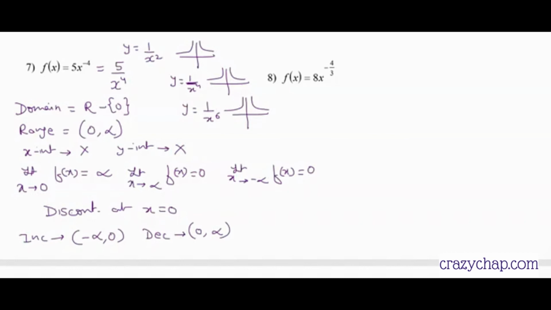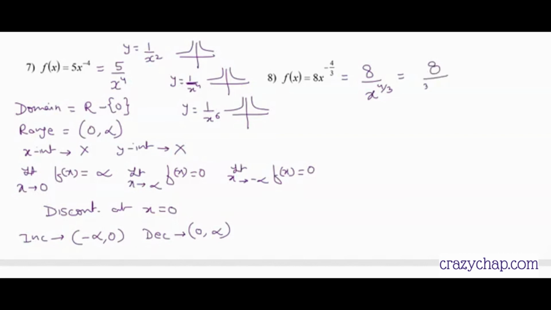First of all, we'll rewrite this function like this. If you can understand, it is 8 over x to the power 4 over 3. A negative power we can bring down with a positive power. Now, can we write it like this, the cube root of x to the power 4?